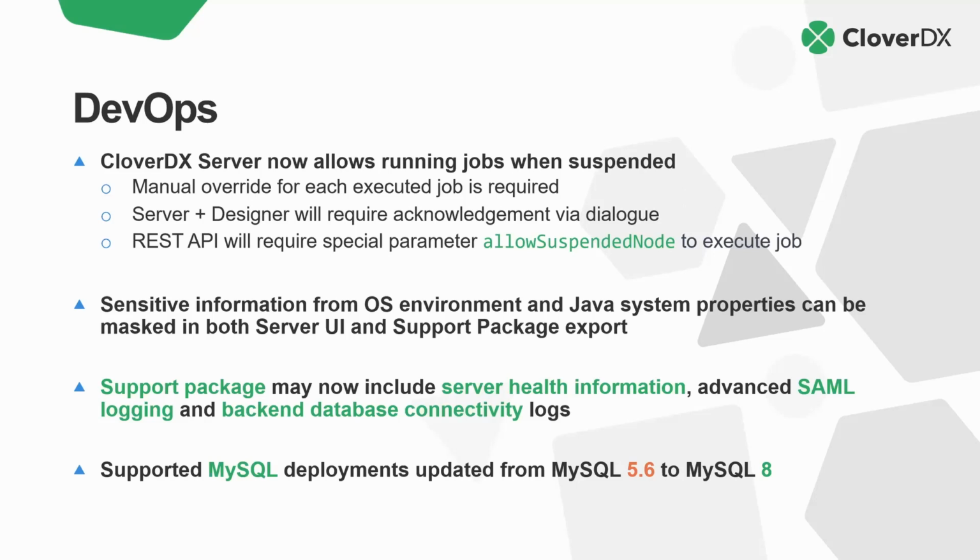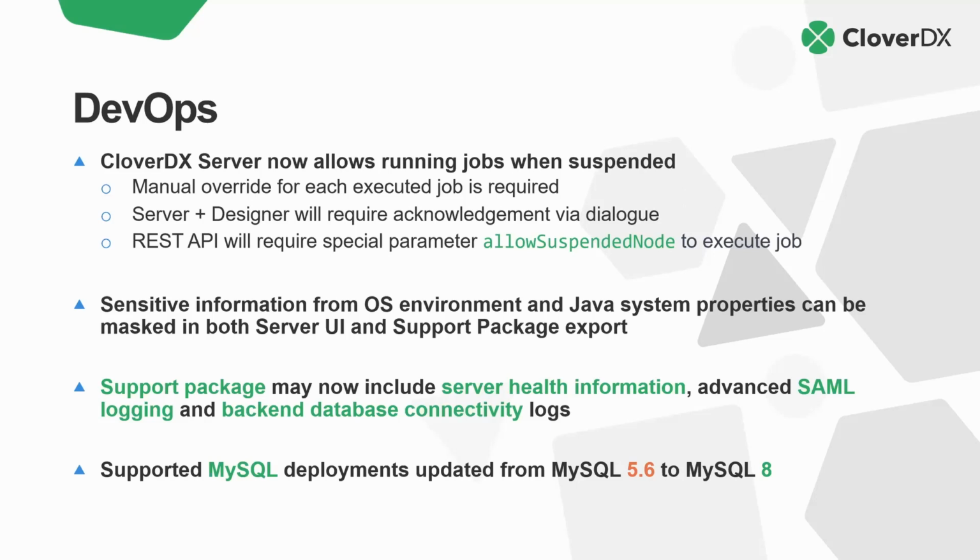In 5.13, we added a manual override, so you can run jobs manually when CloverDX server is in suspension mode. We added this functionality mostly because of cluster deployments where you maybe need to migrate from one cluster group to another one, and in the old one you still need to run maybe some cleanup procedure or something like that. So you can do that using this manual override.